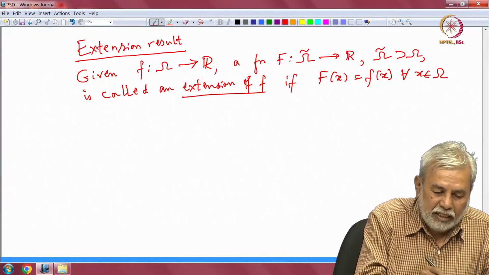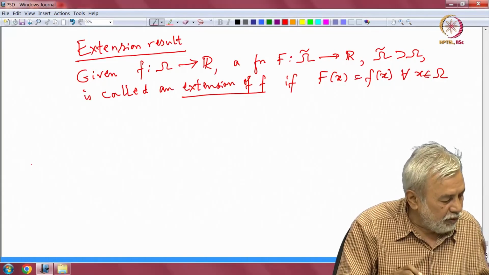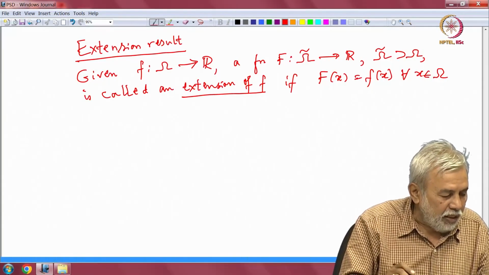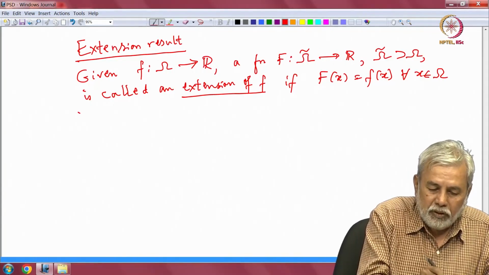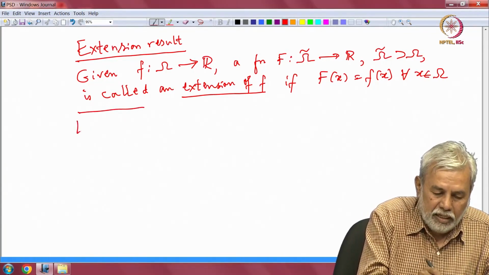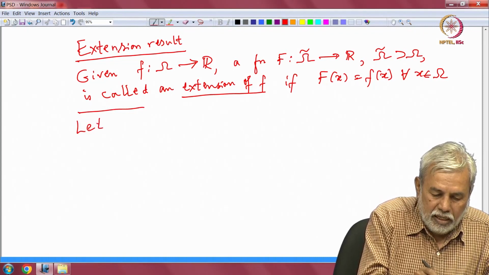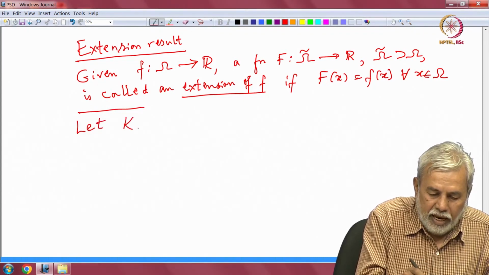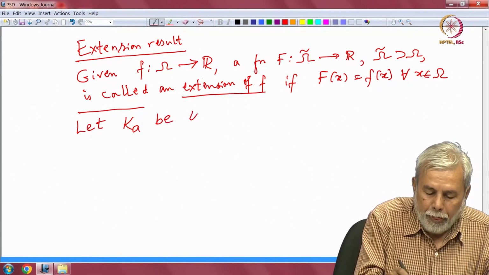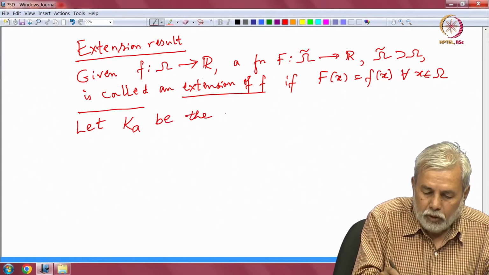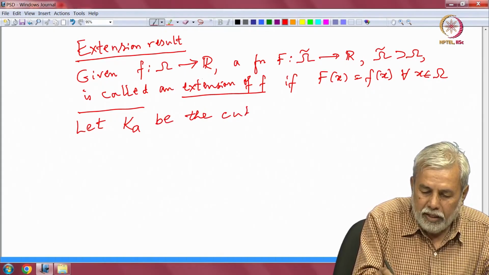Again this is a special case. First let me introduce some notations. Let K_a be the cube in R^n.